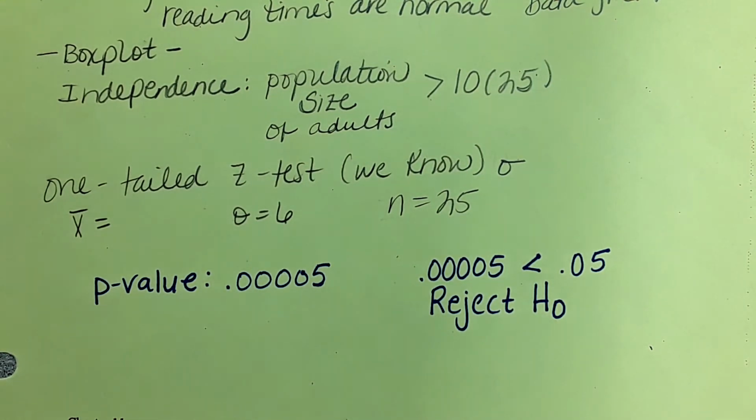Okay? So now let's talk about how we would write the conclusion. Do you remember what I told you guys? I said if your p-value is less than 0.01, what can you use? Strong. Okay, so here we go.